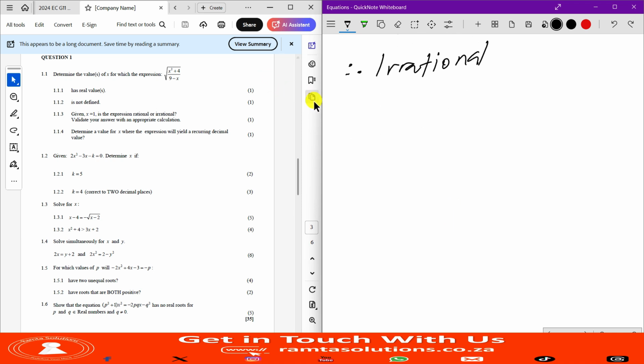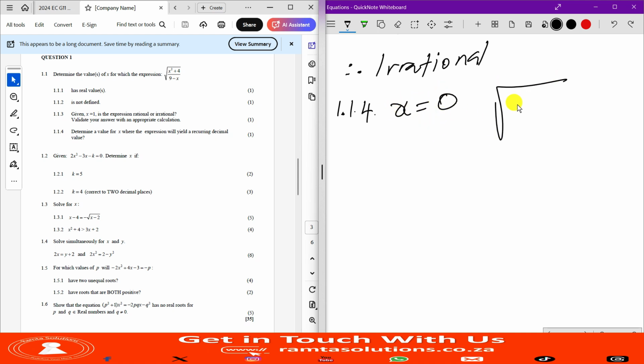1.1.4, determine the value or values of x where the expression will yield a recurring decimal value. For it to have a recurring decimal value, I want to think of x equals 0. So let's try x equals 0.